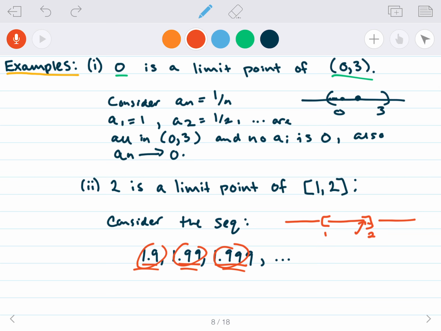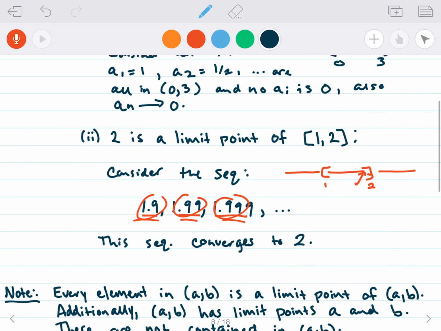So clearly, the sequence converges to 2, and none of the terms are 2. So 2 is indeed a limit point.